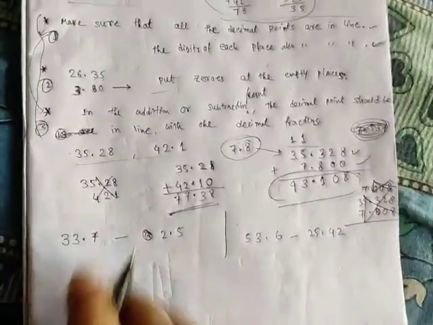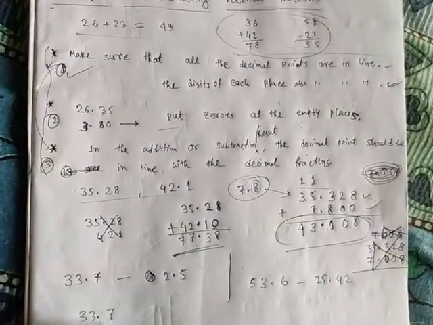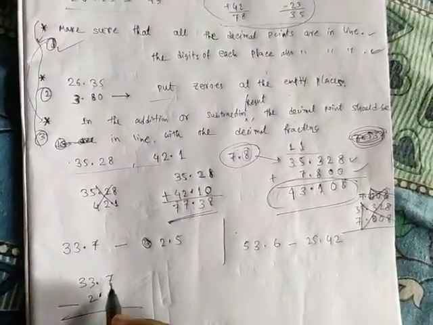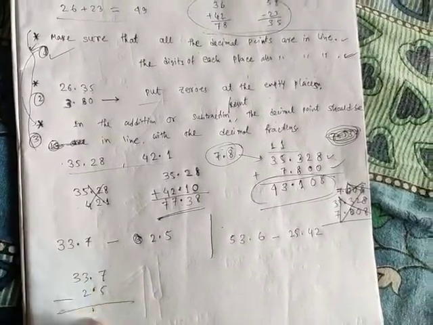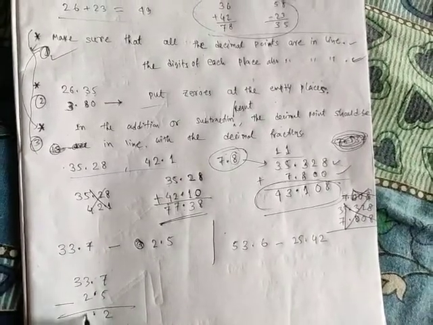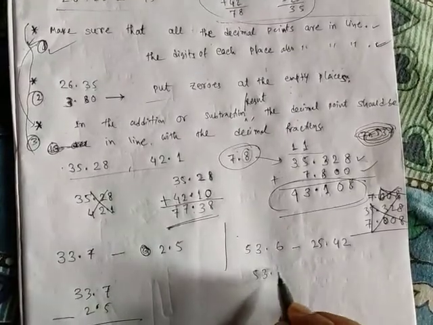Now come to the point. 33.7 minus 2.5. First follow this point. So 7 minus 5, simple, normal subtraction. For the result, the decimal point should be here in line. So 7 minus 5, 2. 3 minus 2, 1, and 3. So the result is 31.2.